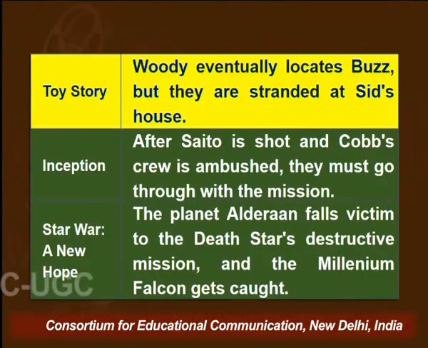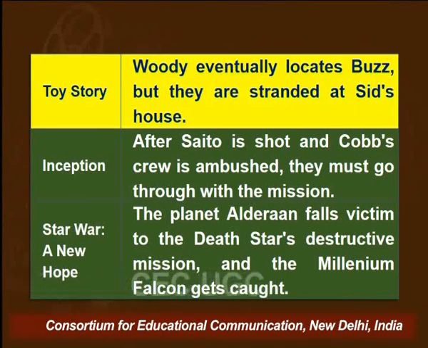So Woody eventually locates Buzz Lightyear, but they are stranded at Sid's house. Then if you talk about Inception, after Saito is shot, the one who has given the assignment is shot, and Cobb's crew is ambushed. They must go through with this mission.